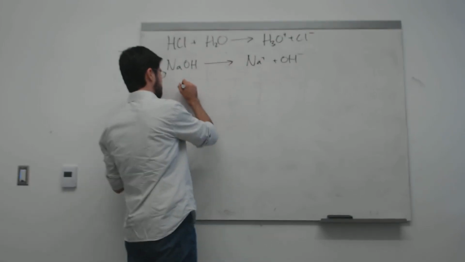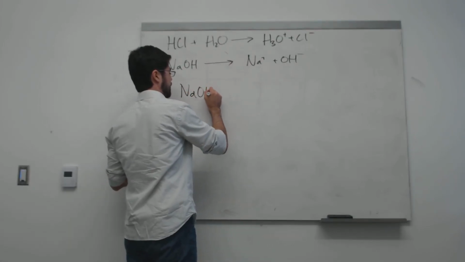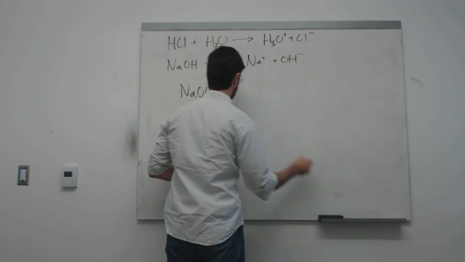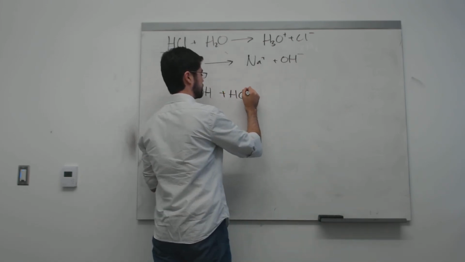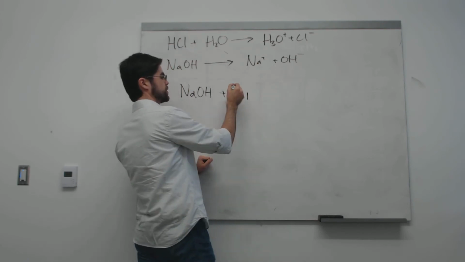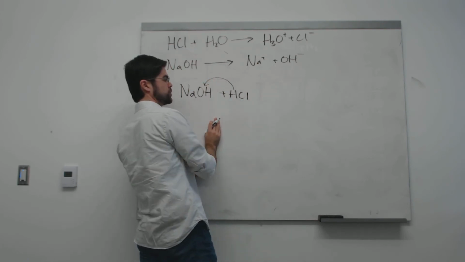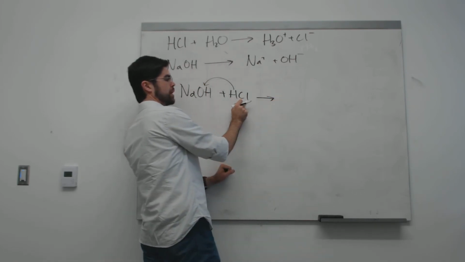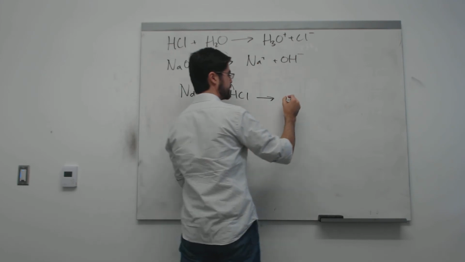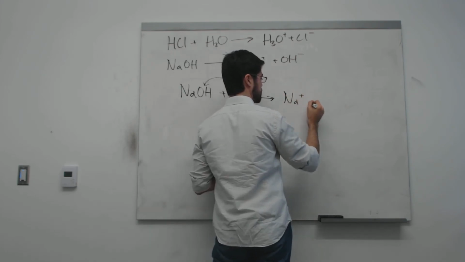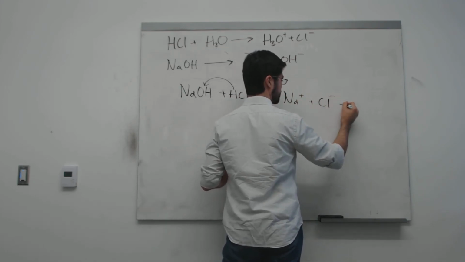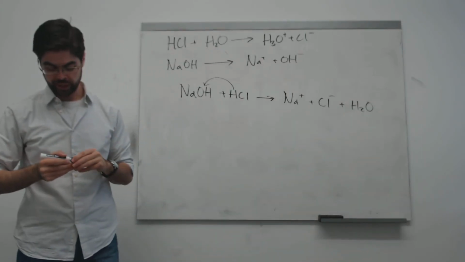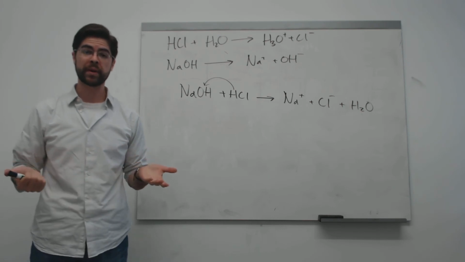So when I mix sodium hydroxide and hydrochloric acid, what occurs here is the proton is transferred onto the hydroxide group, and I'm left with a chloride ion and a sodium ion. So I have Na plus, Cl minus, and H2O liquid. That solution will be neutral.